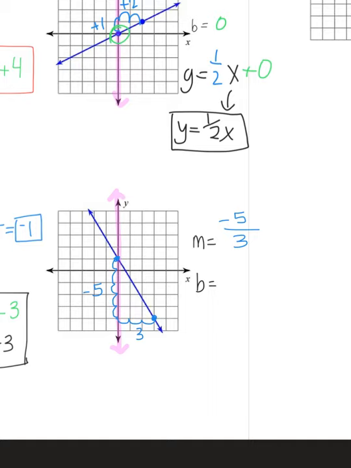That's simplified, so you can leave that. And my y-intercept, where the line crosses the pink y-axis, is right here, and that's at the positive 1. The equation will say y equals the m of negative 5 over 3 x, and that's a positive 1, so plus 1. There's your equation for that graph.